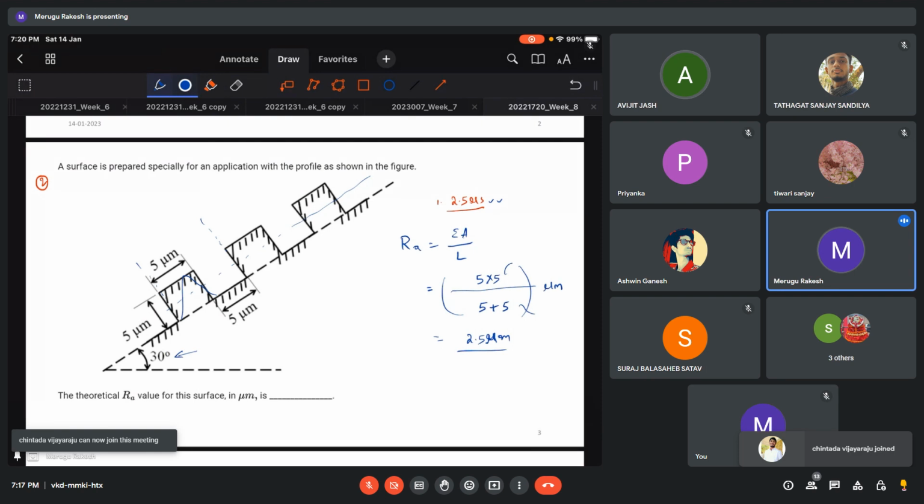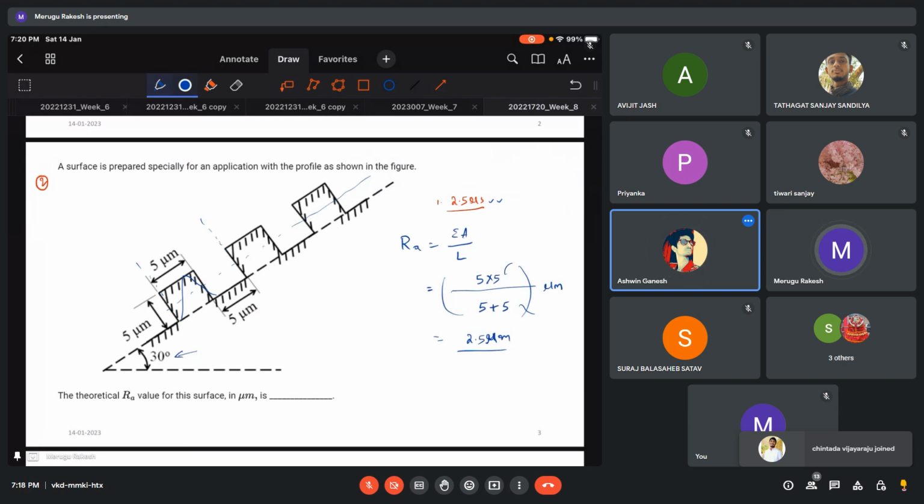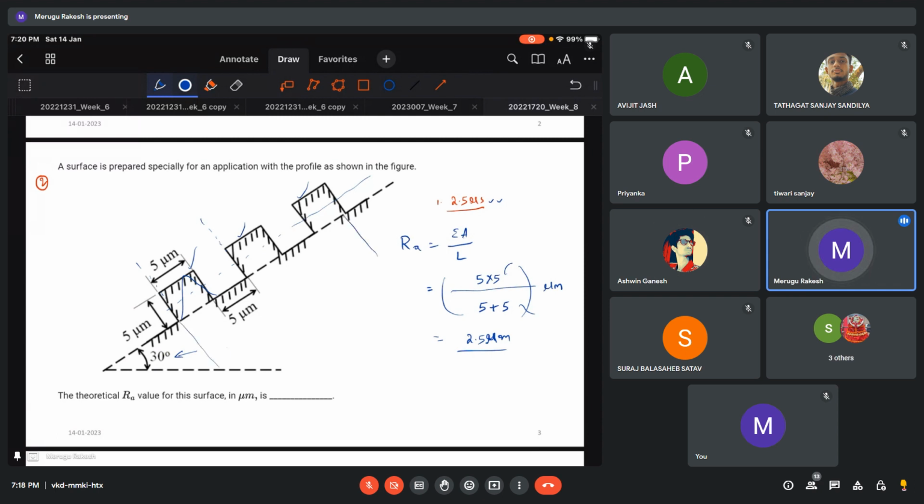Sir, since we are just adding the areas, for convenience can we just add all the areas directly? Yes, you can add them, and you should take the total length. Since it is repeating, it will be the same.